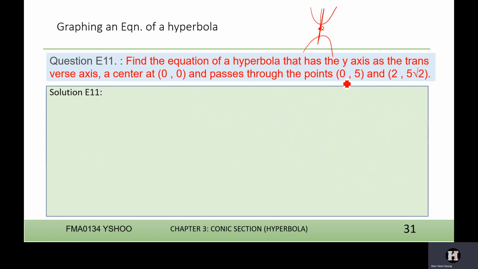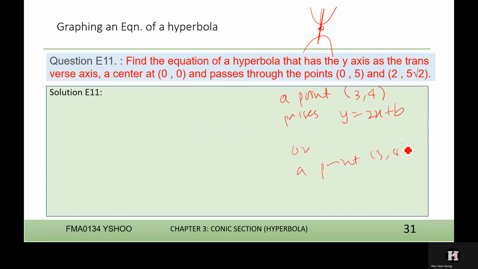Okay, this is a key point that you please remember: when we have a line and a point, let's say our point is (3, 4). When it says the line passes through the point, say the line y = 2x + b, or we can say that the point (3, 4) is on the line y = 2x + b, both have the same meaning.